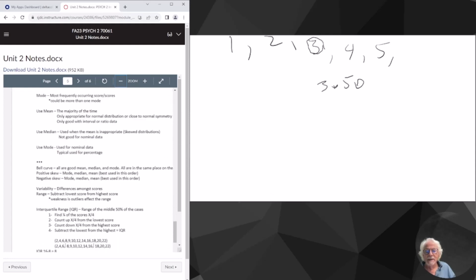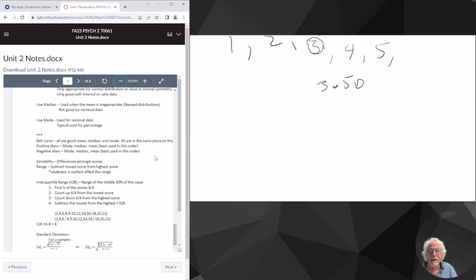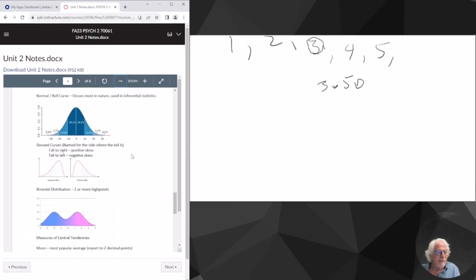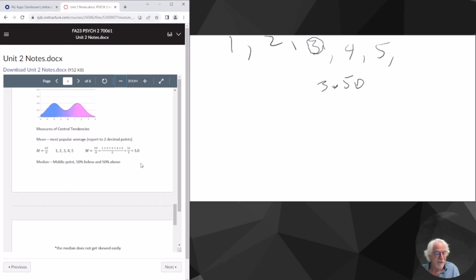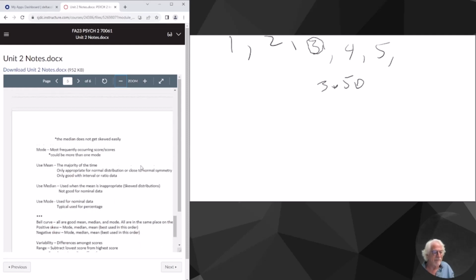I know this is hard to read, but we're going to do the best we can. I can't blow it up too much because then it goes off the side. So we have a bell curve, and as I said a number of times already, with the bell curve, the mean, median, and mode are all in the same place, right at this high point, right smack in the middle of the curve, because that's where the median is, in the middle.